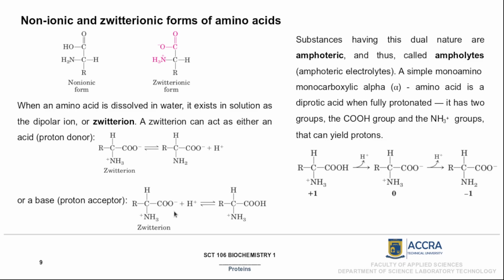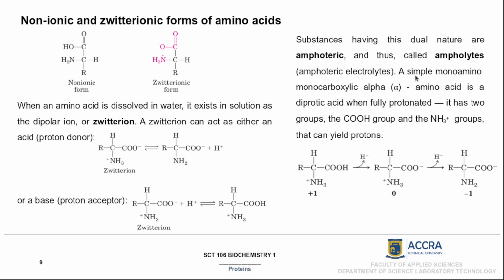Now, substances having this dual nature are usually referred to as amphoteric or ampholytes, coming from the words amphoteric electrolytes, because of the existence of both positive and negative charge on this chemical substance.